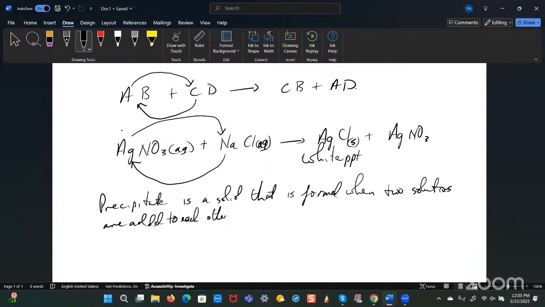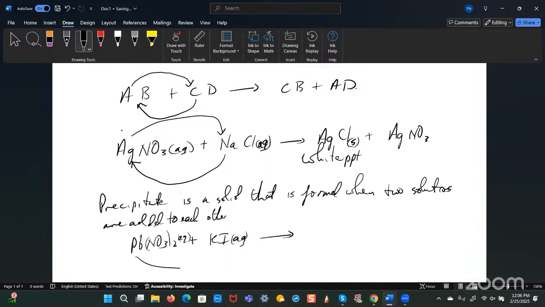Let me give you another example. If you mix together lead nitrate, Pb(NO3)2, plus potassium iodide, that's what it is, both aqueous, so these are two aqueous solutions. Again, you're going to have the exchange.